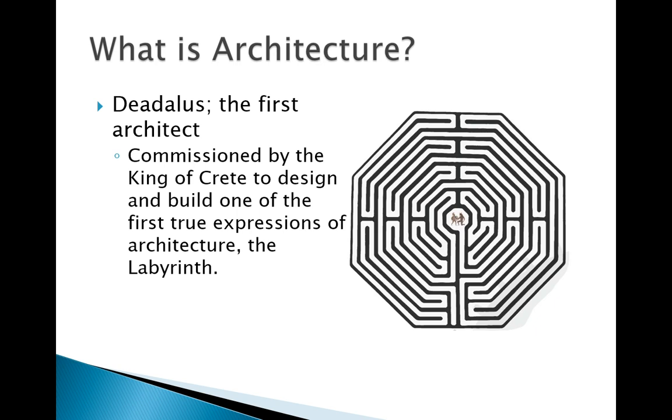The solution from Daedalus was to give her some thread that Theseus could unspool as he made his way from the entrance into the labyrinth, and then he could backtrack using the spool of thread to get back to the entrance and make his way out. And the plan worked. Theseus killed the Minotaur and met back up with the king's daughter, and they fled together.